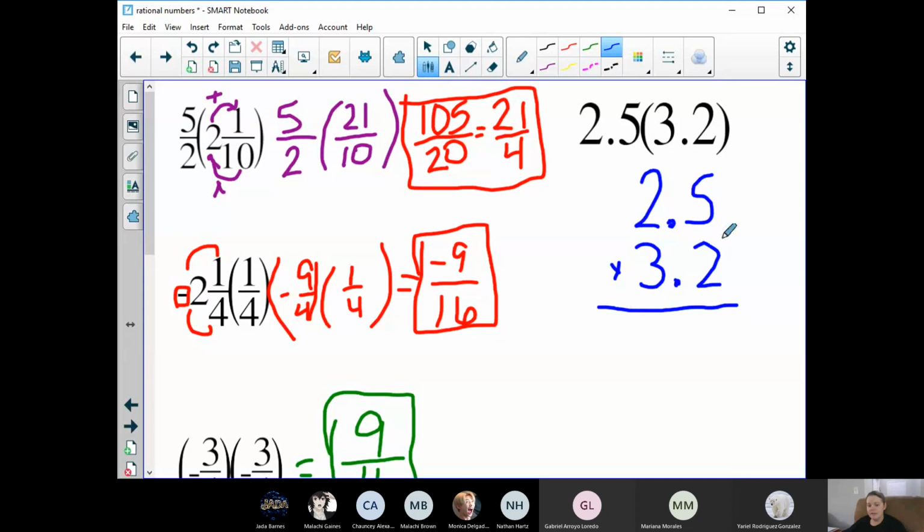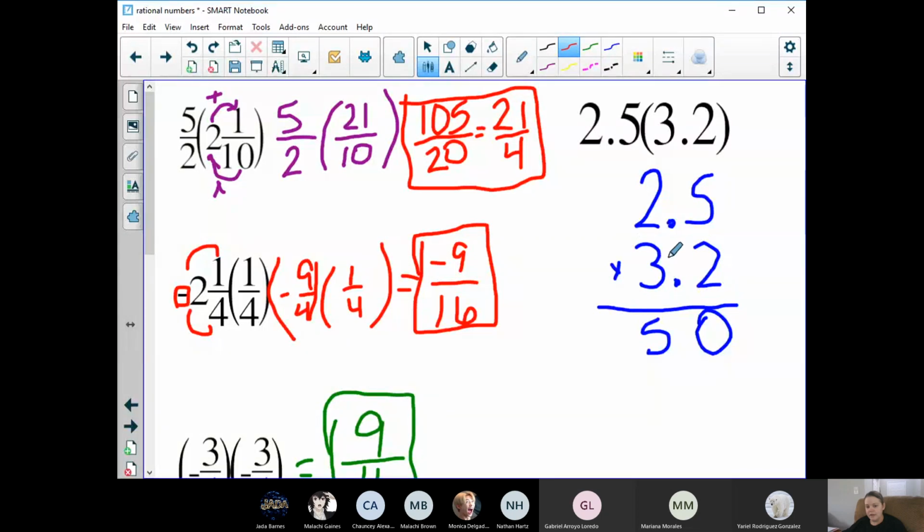If I take 25 times 2, what answer am I going to get? All right, so 50. All right, so we've taken care of the number in the ones place.